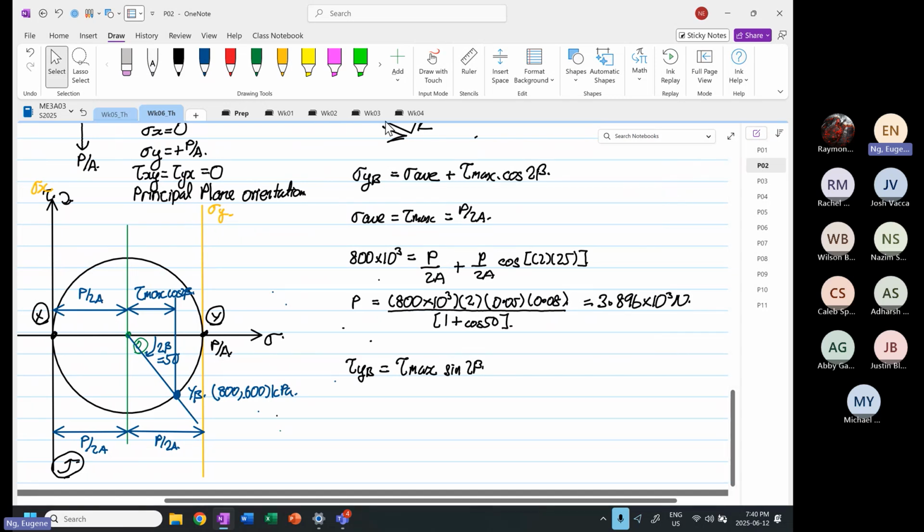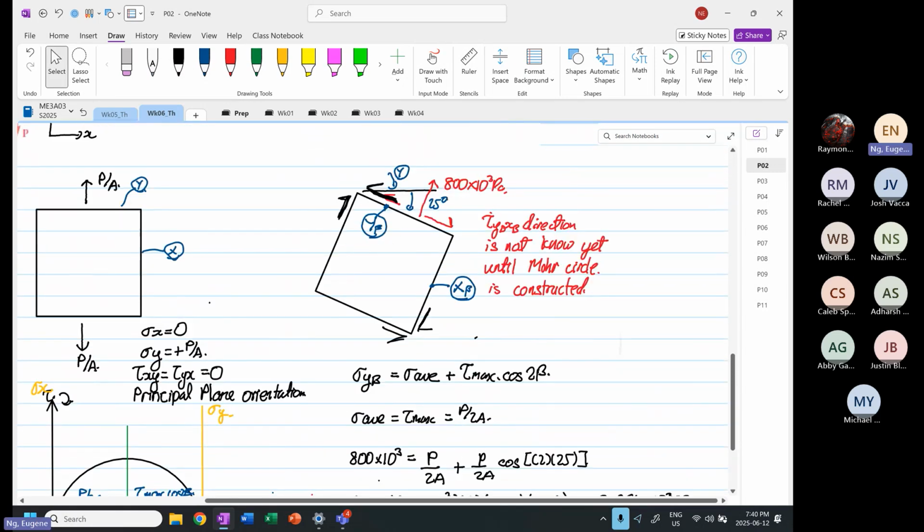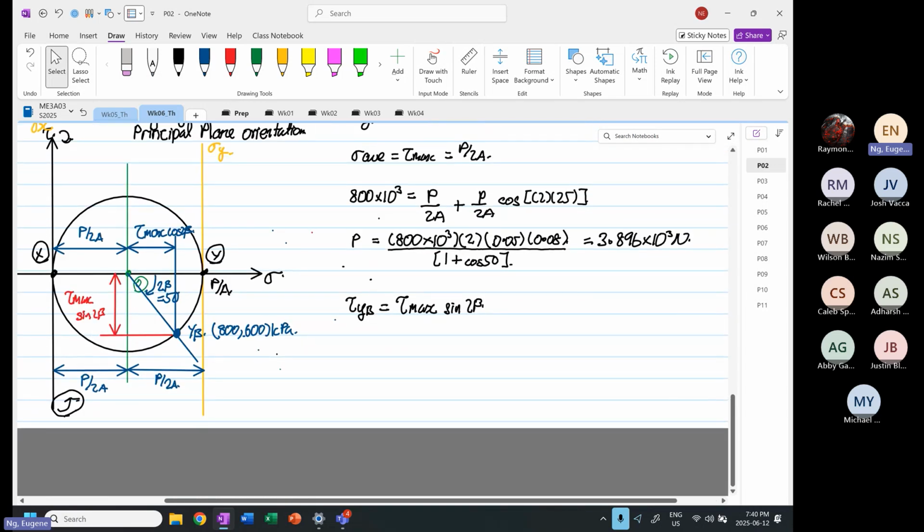Because why is it tau max sine 2 beta? Because this height over here, I'll use a different color, right? This height over here is equal to tau max sine 2 beta. And given to us, tau max or shear y beta is 600, so 600 times 10 to the power 3.